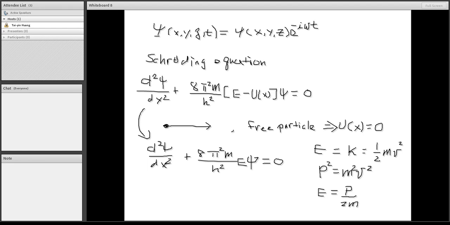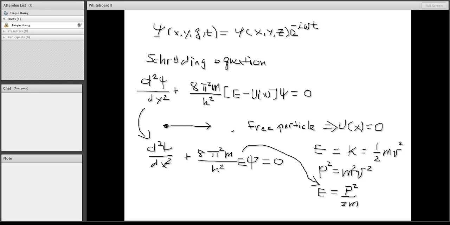This relates the linear momentum to the total energy when there's no potential energy. So your total energy is p squared over 2 times the mass of the particle. Then we're going to replace this E with that expression.